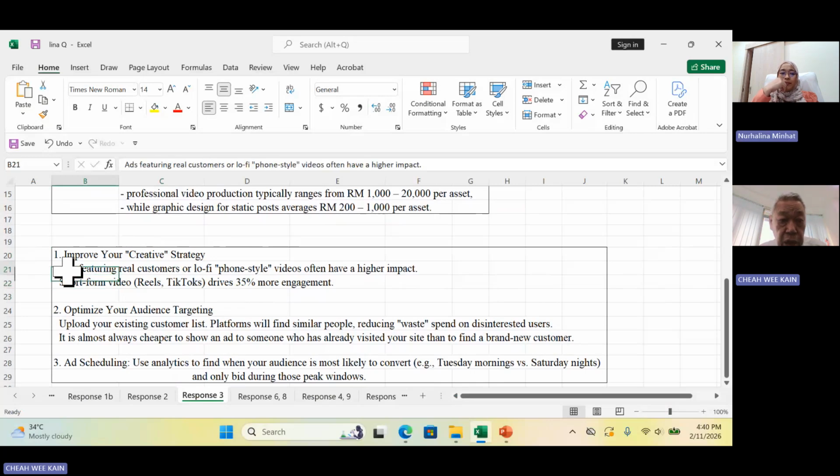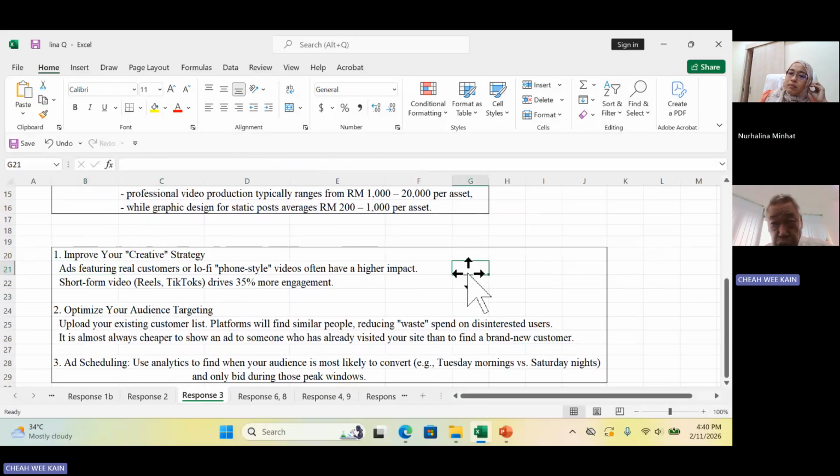So get your real customer to come in. Of course, they must agree, and then you give them some free sample product. That will save you from hiring the actual model. And when you get the real people to come in, please write down what they are supposed to say. Maybe you need to take a few takes.